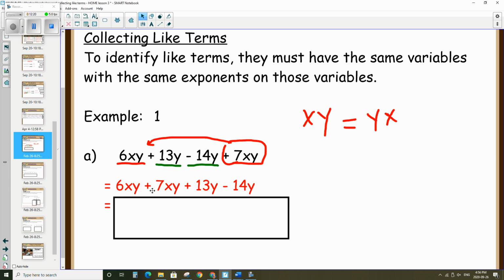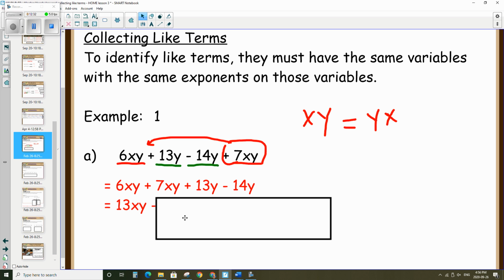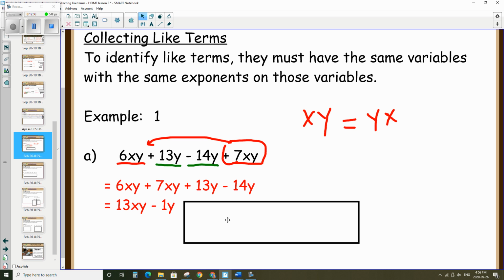Okay, so I moved that over there, and then I'm left with 13y minus 14y. Now you can add the coefficients of the terms that have the same ending. So 6 plus 7 is 13, so we have 13xy, and then you can do the same thing here. 13 minus 14 is negative 1, and then y. You don't do anything with the endings. They don't change. The letter parts stay the same. You're just either adding the coefficients or subtracting them depending on what the sign is.